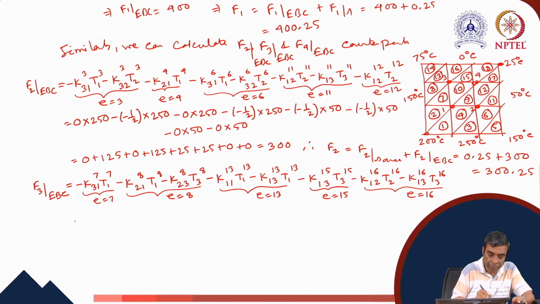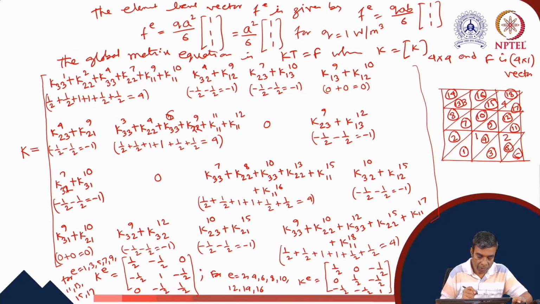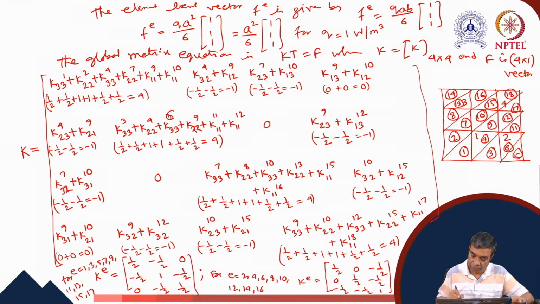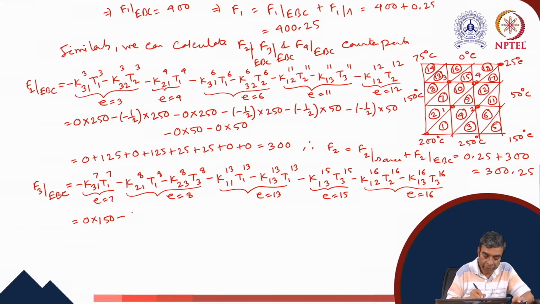We can substitute the values. K317 equals 0, so it is 0 into T17, and T17 is 150. Minus K218. K218 is again 0, so this is 0 into T18, which is also 150.